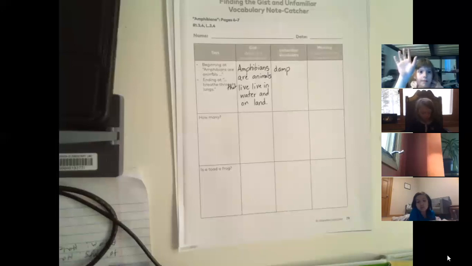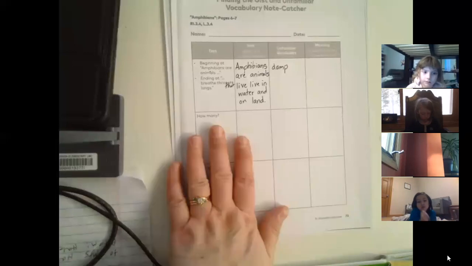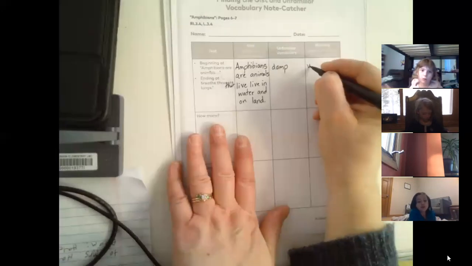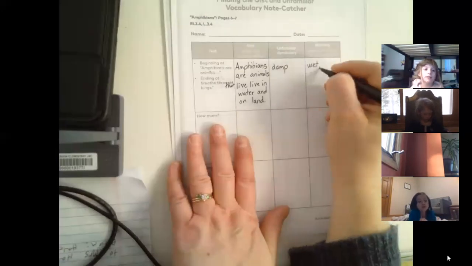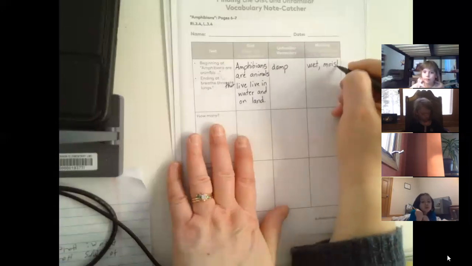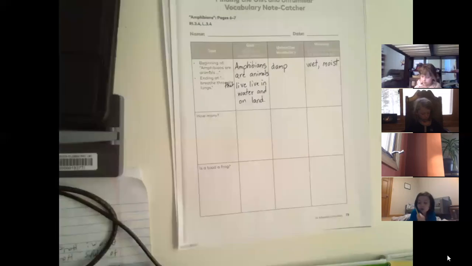But what does this one mean, Lila? Damp means like wet, but it's also like moist. Moist, very good. I think those are the 2 words I'd add too. Very nice. Damp, wet, or moist.